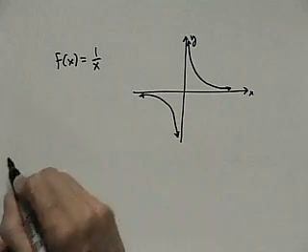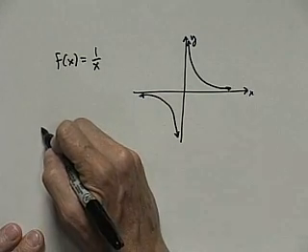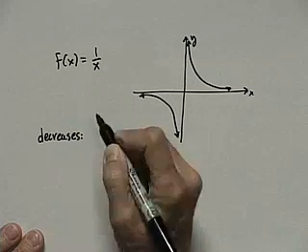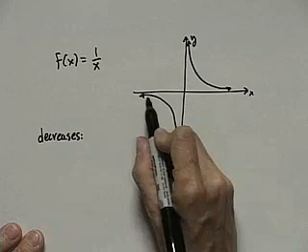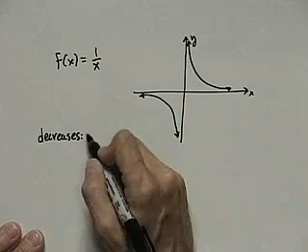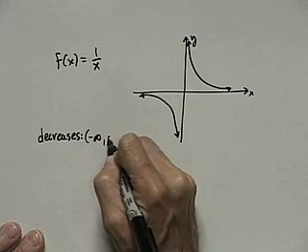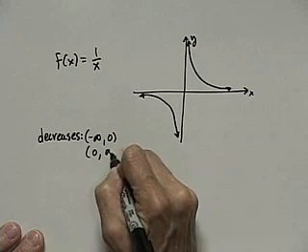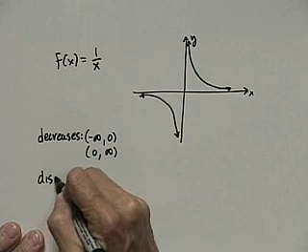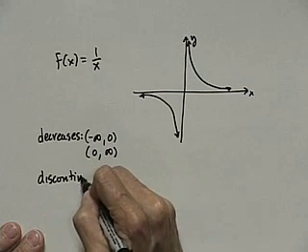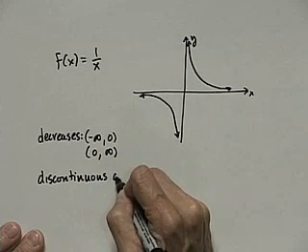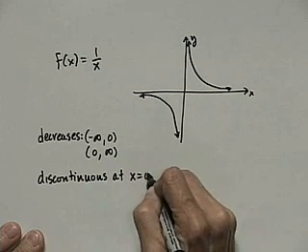We can summarize some other information about this graph. We can say that the function decreases. Notice that it's decreasing from negative infinity to 0, and it's decreasing from 0 to positive infinity. The function is discontinuous at the point x equals 0.